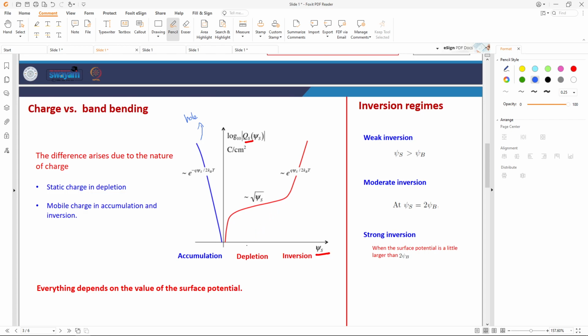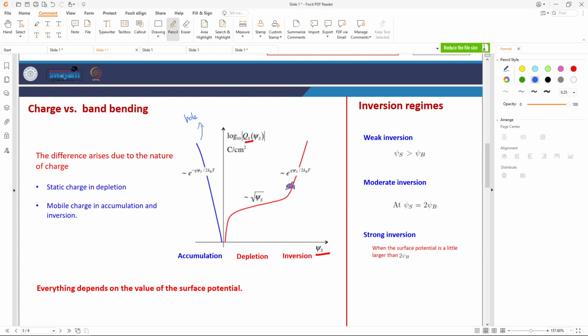For how the variation will happen, initially there will be a small increase after a certain point, and then for a very long time the variation of the accumulated charge, or rather the log of the charge, will be approximately square root of psi s.